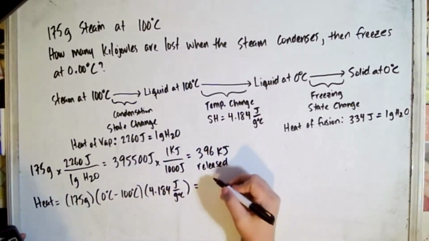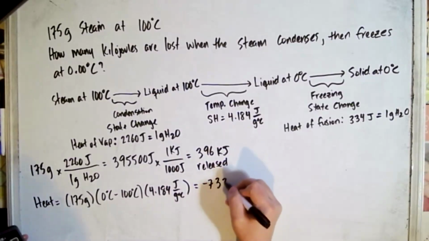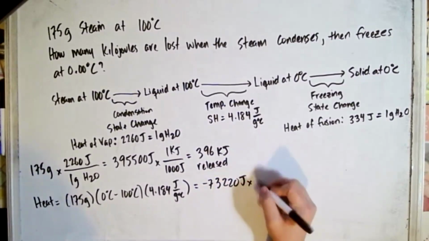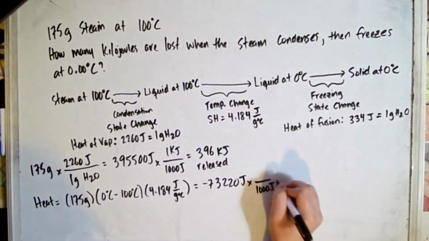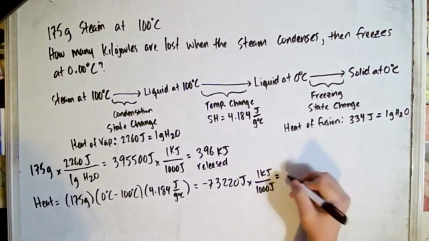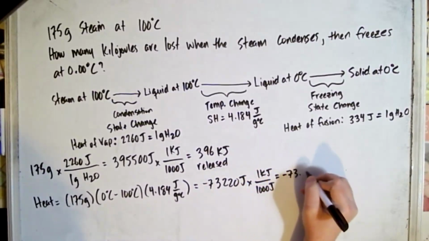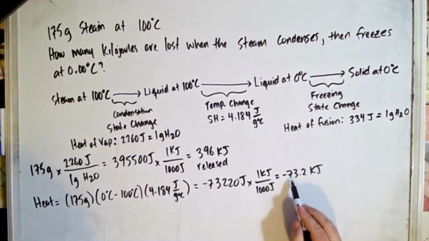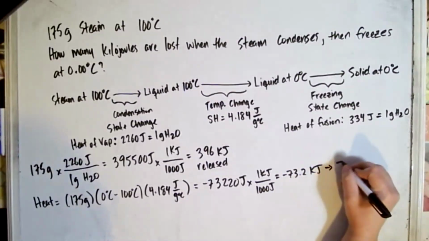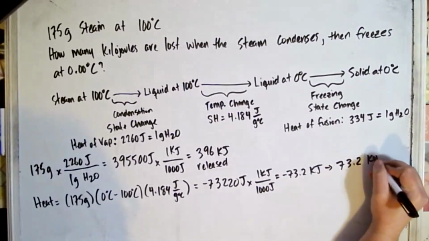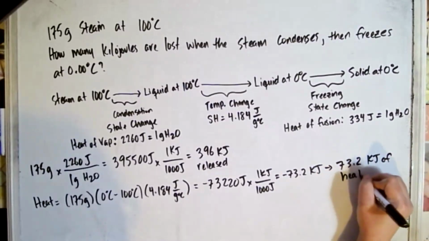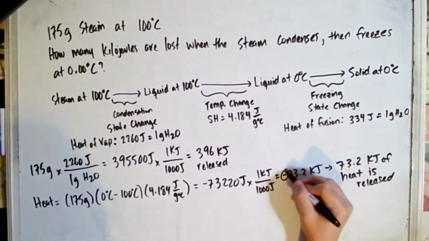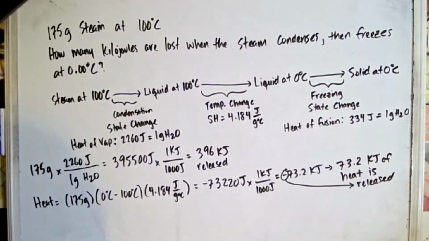And we end up with negative 73220 joules, which again, we can convert into kilojoules right away. Which will be negative 73.2 kilojoules. And what that negative sign tells us is that 73.2 kilojoules of heat is released, right? It means that heat is released.